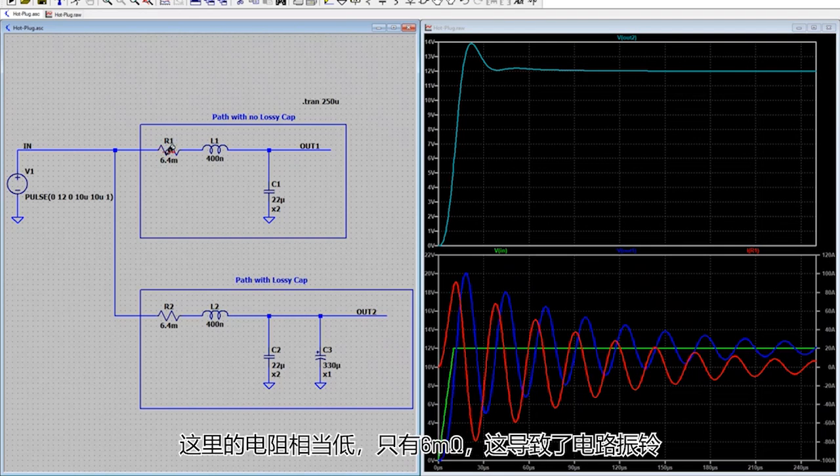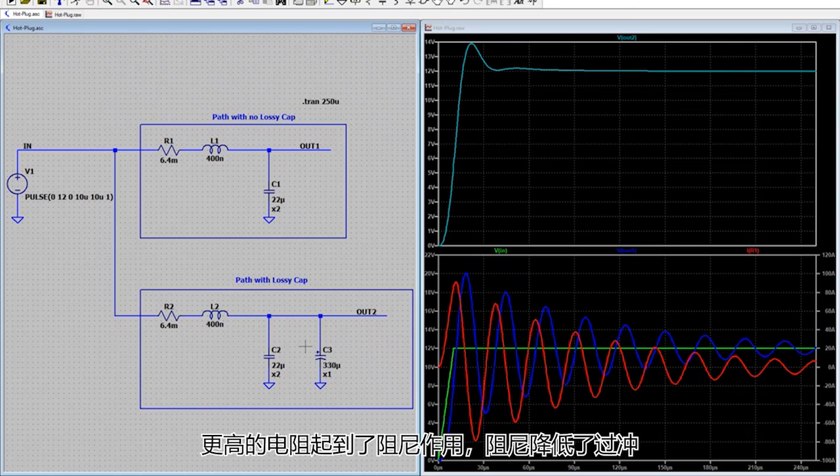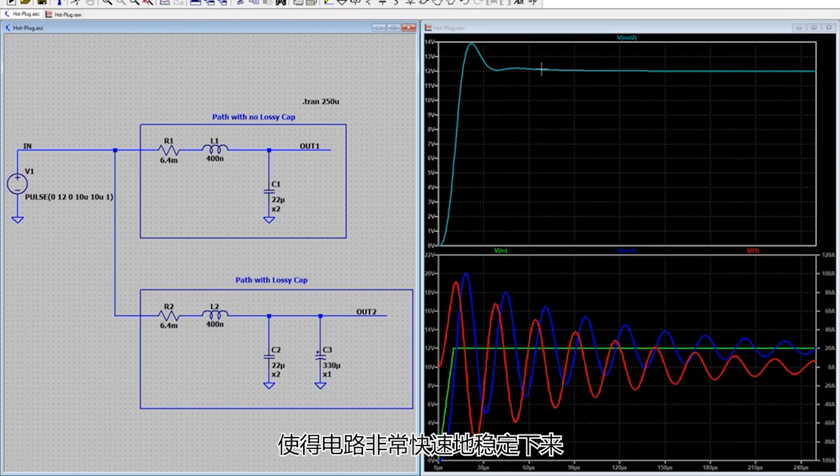And since the resistance here is pretty low, 6 milliohms, that's why this circuit rings. This one, we have the series resistance, but then we also have 100 milliohms in the electrolytic cap. And so that higher resistance provides damping, and the damping reduces the overshoot, and it settles very quickly.